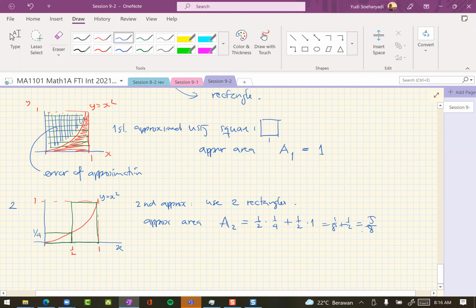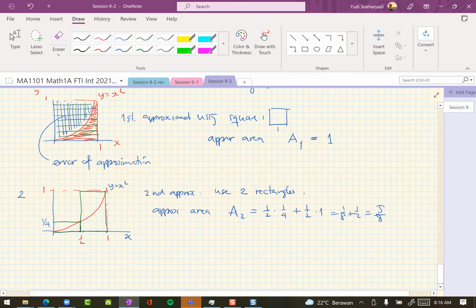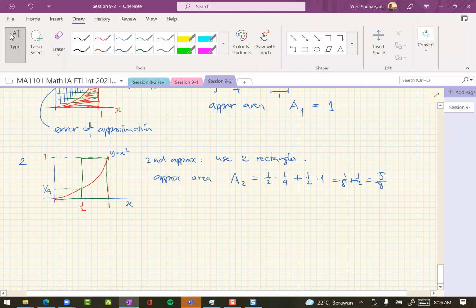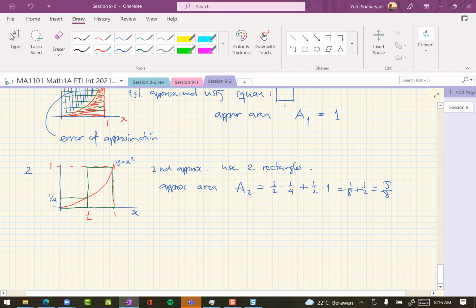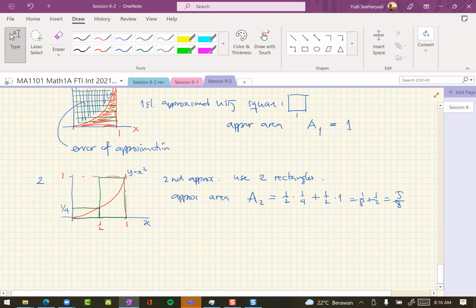Oh, the error. What is the error of those approximations? The difference, right? So this is the difference.